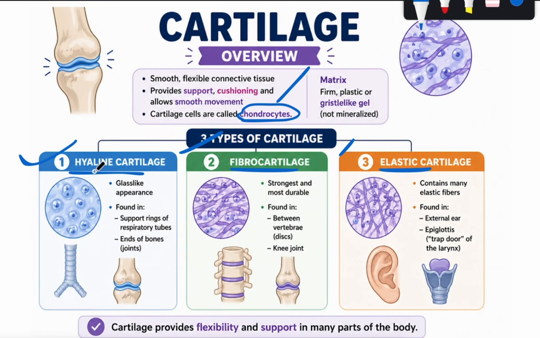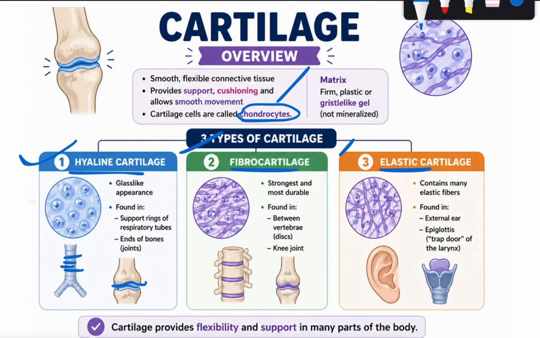The hyaline one is like glass. They appear like glass. They're found in the rings of the respiratory tract. See, this is hyaline cartilage. And where the bones meet, there is hyaline cartilage as well.